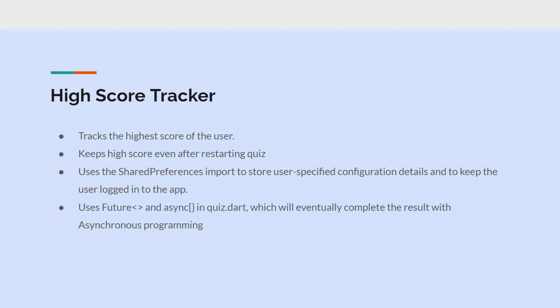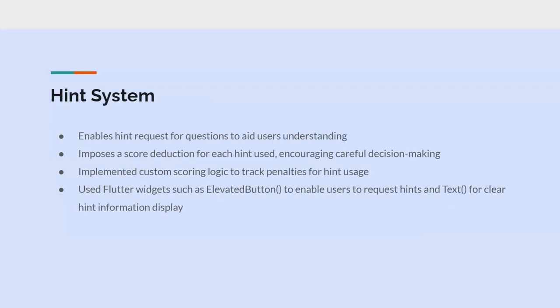So for our third feature, we have the hint system. It enables hint requests for questions to aid users' understanding. It imposes a score deduction for each hint use, encouraging careful decision making. It implemented custom scoring logic to track penalties for hint uses.